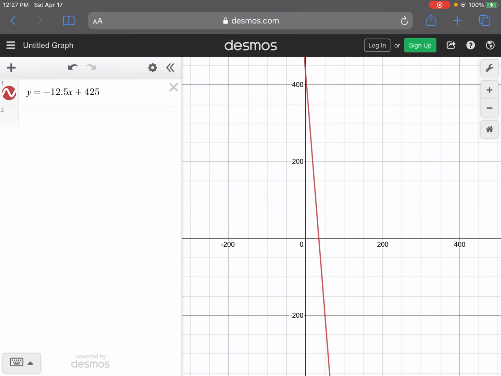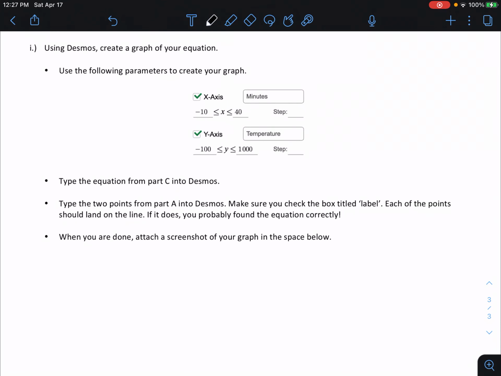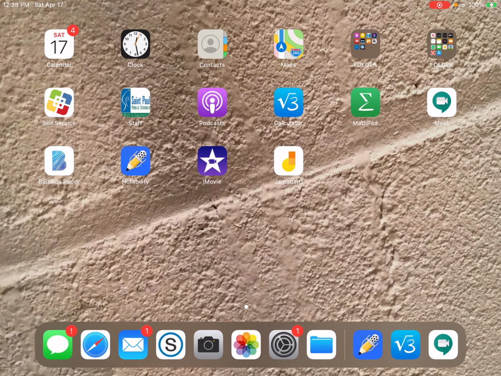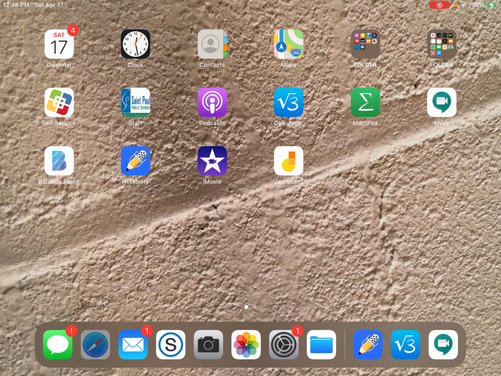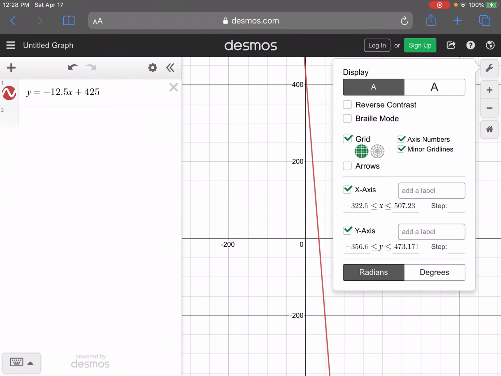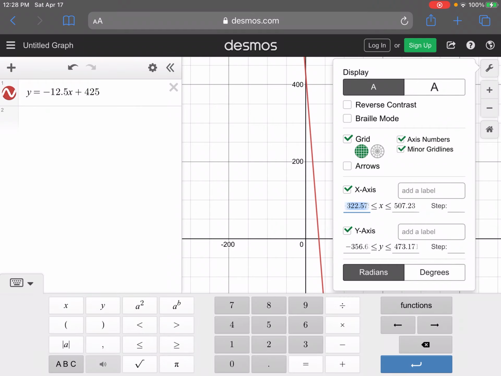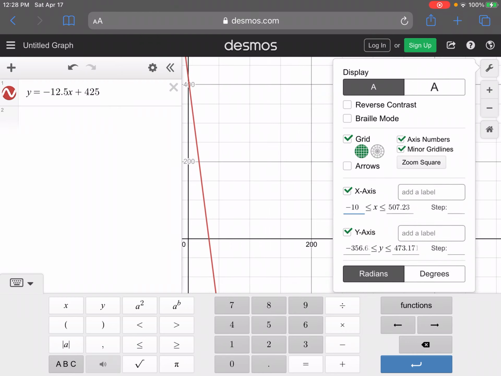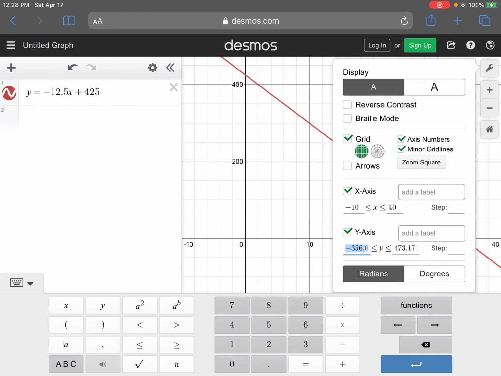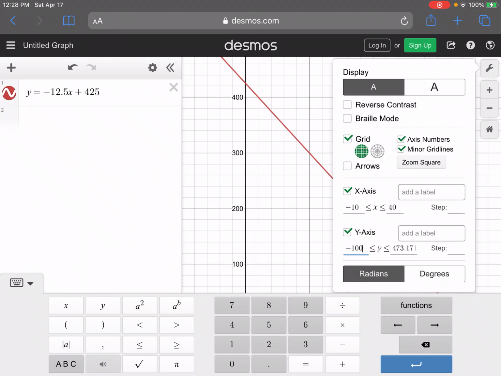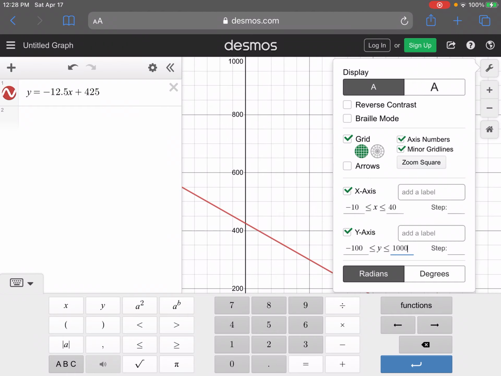Now let's go back over to Notability because we need to change our parameters. So we need x to be negative 10 to 40, y to be negative 100 to 1,000, and we're going to put in minutes and temperature. All right, so let's see if we can do this without having to go back. Okay, so click on the wrench up there. So we're going to go negative 10 and 40, and then we have negative 100 all the way to 1,000.